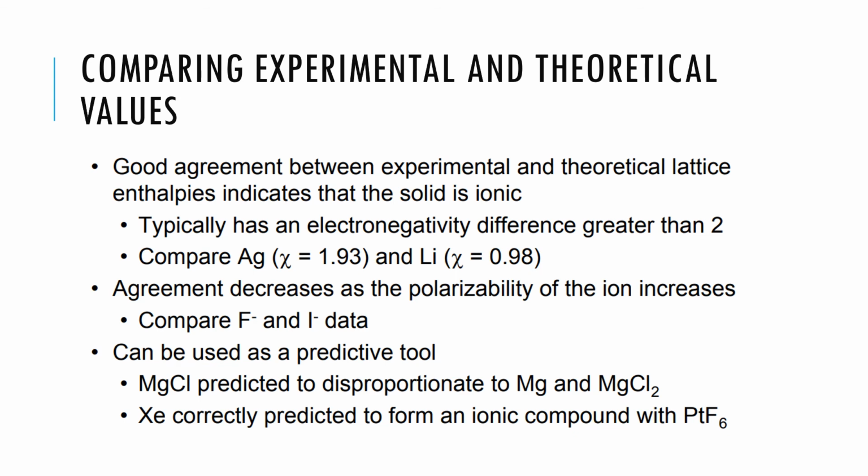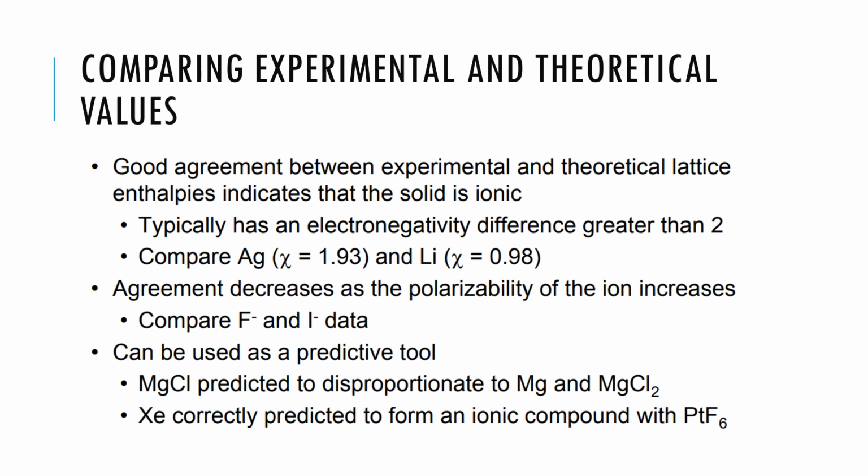Generally, we find the ionic model works well for atoms that have a cation and an anion that have relatively large electronegativity differences. Think about the electronegativity differences between lithium and chlorine. They have some of the largest electronegativity differences in the periodic table, being from completely opposite ends of the periodic table. The agreement tends to decrease as the polarizability of the ion increases.